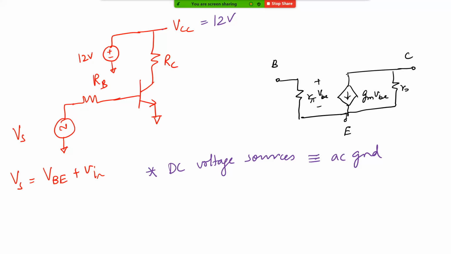This will give you exactly 12 volt and no AC component on top of it. Because it's an ideal voltage source, the way we understand it and the way we portray it in our schematics, it will sink any amount of AC current without giving any AC voltage.